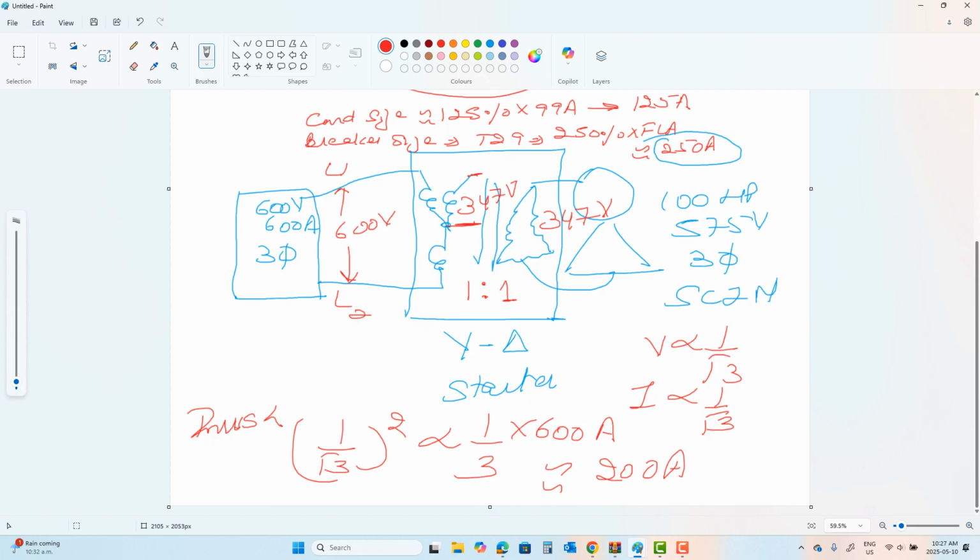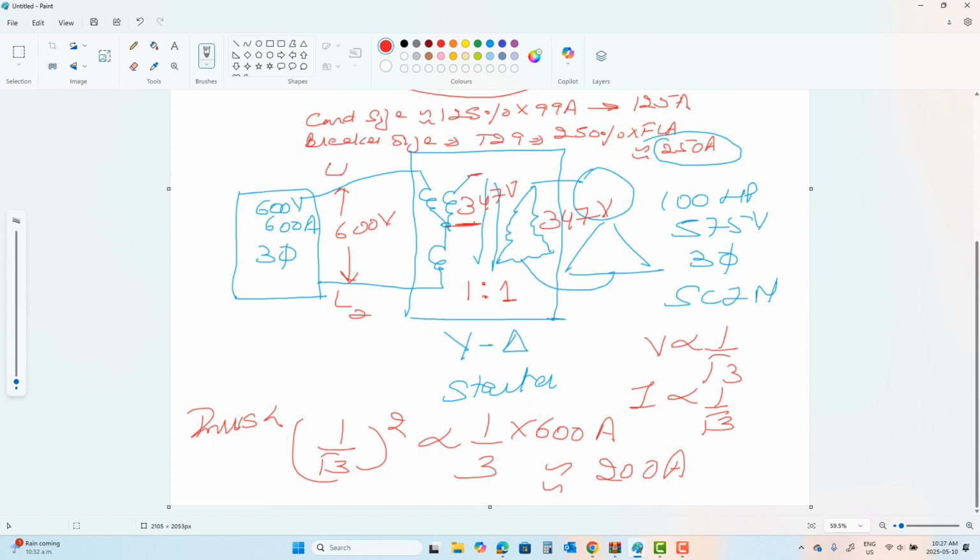So the starter comes in for the first 10, 20, 30 seconds until the motor gets to 75% of its full load speed. So rather than starting with a jerk of 600 volts, it's slowly starting with 347. So when it's slowly starting, it's only sucking up 200 amps of inrush.